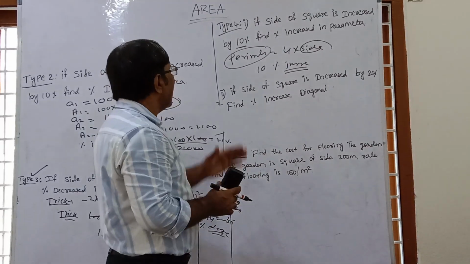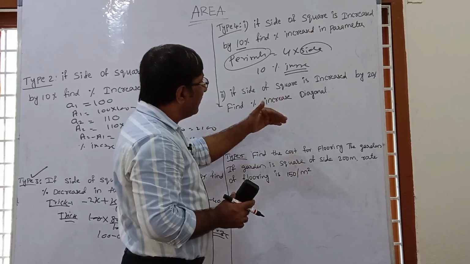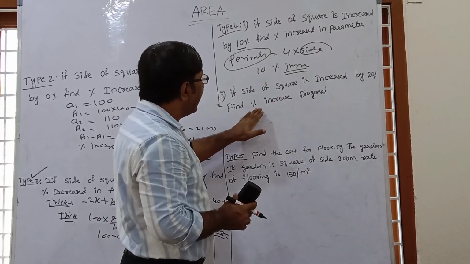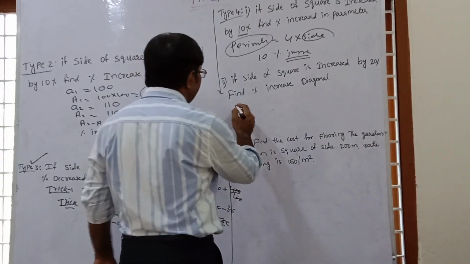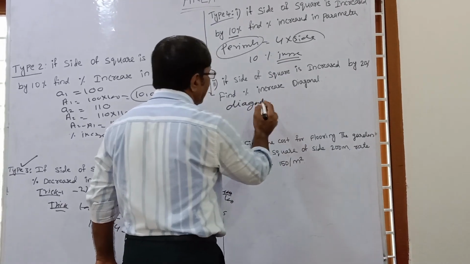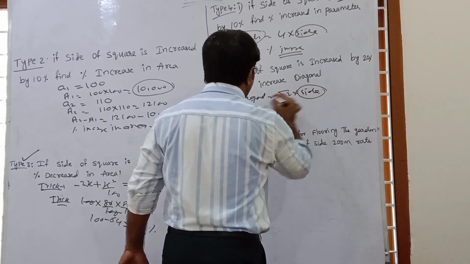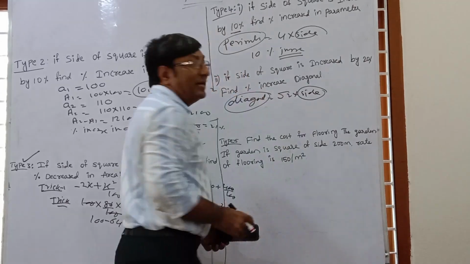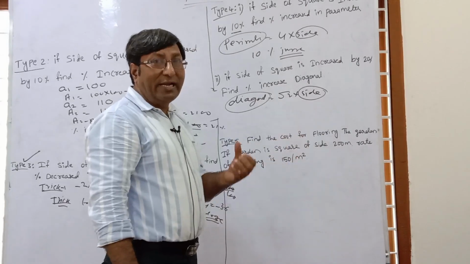Now you see type 4 second question. If the side of a square is increased by 20%, find the percentage increase in diagonal. Again, you know what the diagonal is. The basic formula of the diagonal is root 2 into side. Again, side and diagonal are directly proportional.